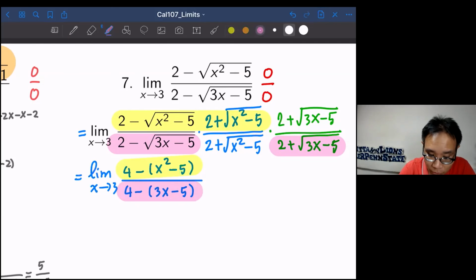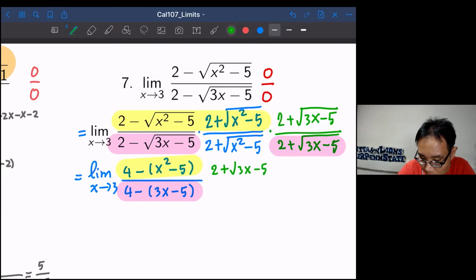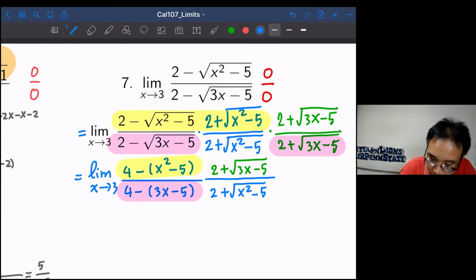And you see the green one is 2 plus square root of 3x minus 5, and you have 2 plus square root of x squared minus 5. This is the term that you have left from the previous line.